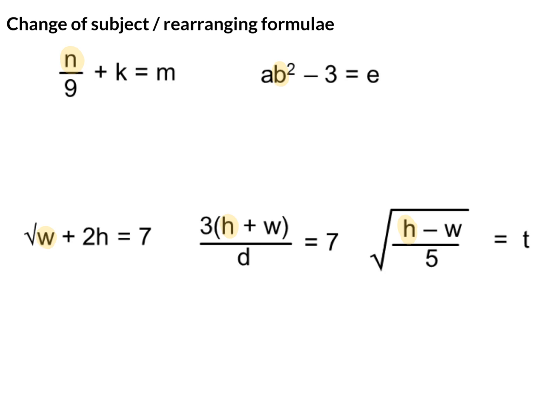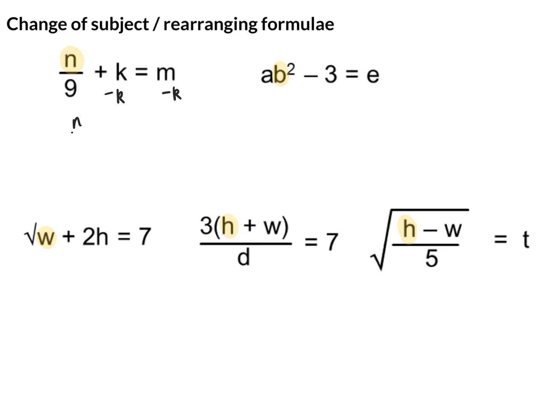So we think in terms of either inverses, i.e. the opposite function, or we can think in terms of zero pairs in this case. To get rid of this plus k, I'm going to introduce a negative k. If I've introduced a negative k to the left-hand side, I need to introduce one to the right-hand side.